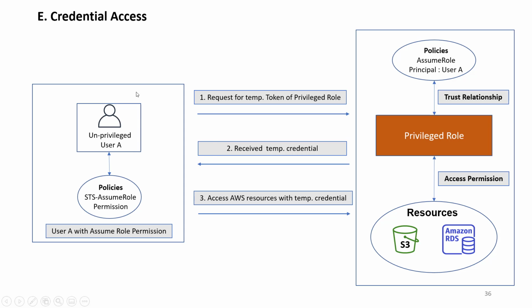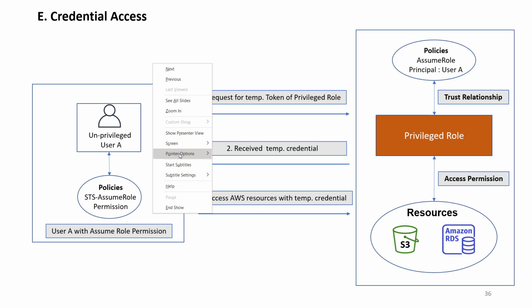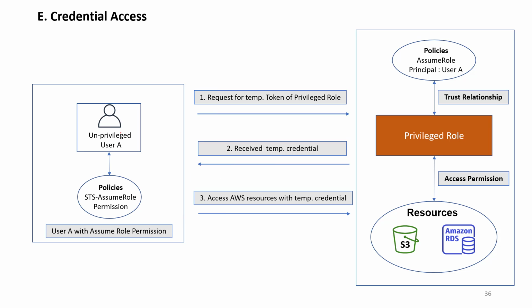So you can see here in this diagram we have one unprivileged user. This user doesn't have many rights, but still he can have read access. There is one policy attached to this user called the STS Assume Policy.